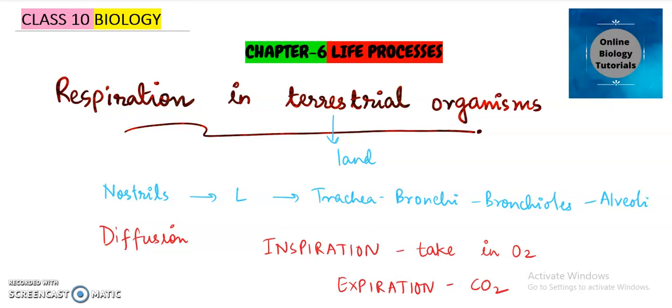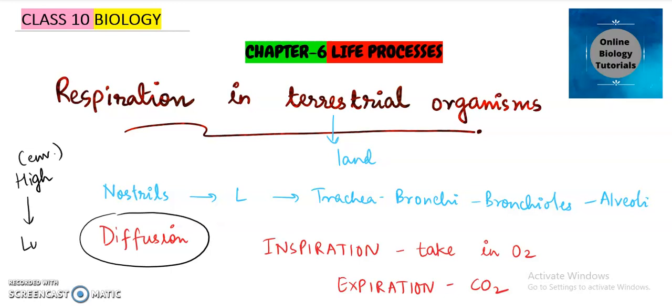So when you do inspiration or when you inhale oxygen, it goes as per the principle of diffusion. Now diffusion is exchange of gases as per the concentration. The concentration of oxygen is more outside and less in your body. So obviously it has to go from higher to lower concentration. So from the environment it will go inside your body, inside the lungs, because lungs have to do the process of respiration.